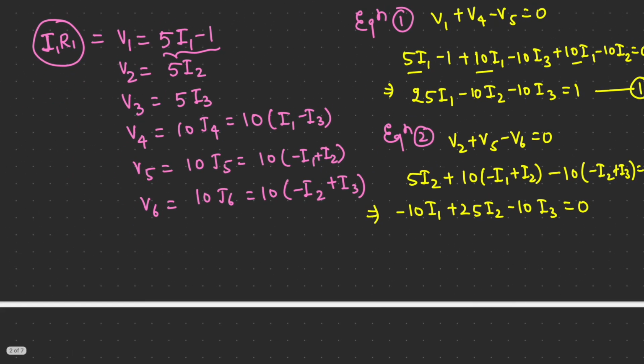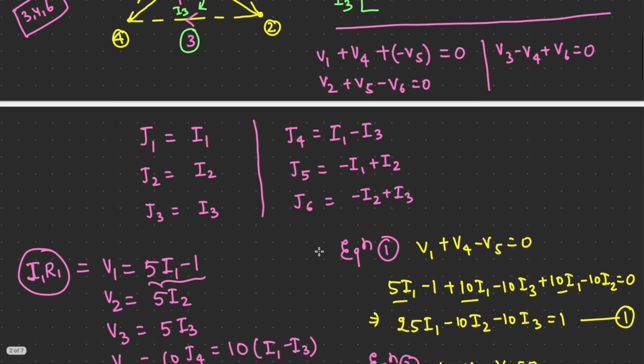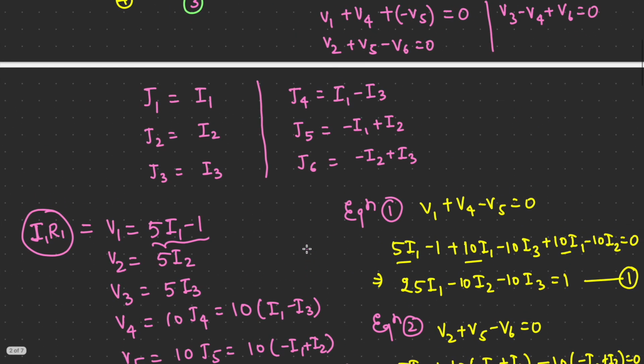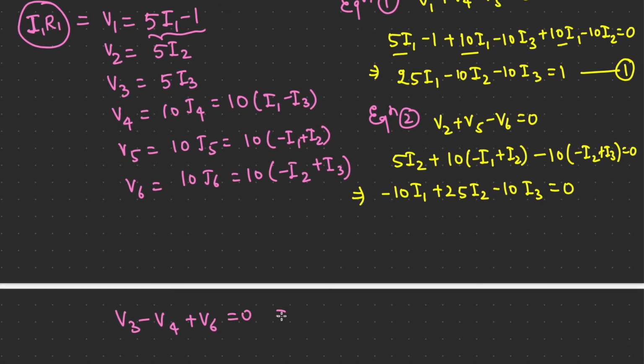Similarly, equation 3 can be formed using V3 minus V4 plus V6 equal to 0. V3 is 5I3, minus V4, which is minus 10I1 plus 10I3, then plus V6, which is minus 10I2 plus 10I3, equal to 0.